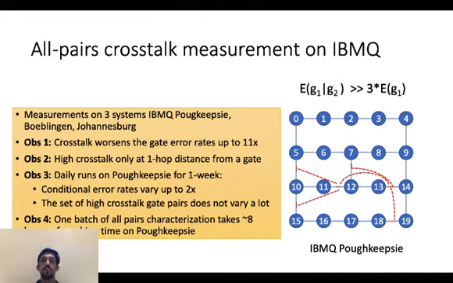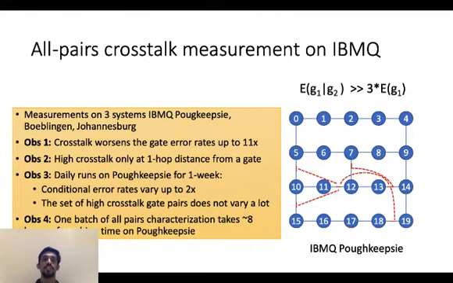Now, we performed all pairs crosstalk measurements on 3 IBM systems. These are called Poughkeepsie, Böblingen, and Johannesburg. And the figure here illustrates the high crosstalk pairs that we found on the Poughkeepsie system, but you can find the data for the other 2 systems in the paper. So from measurements on these 3 systems, we make a few observations.